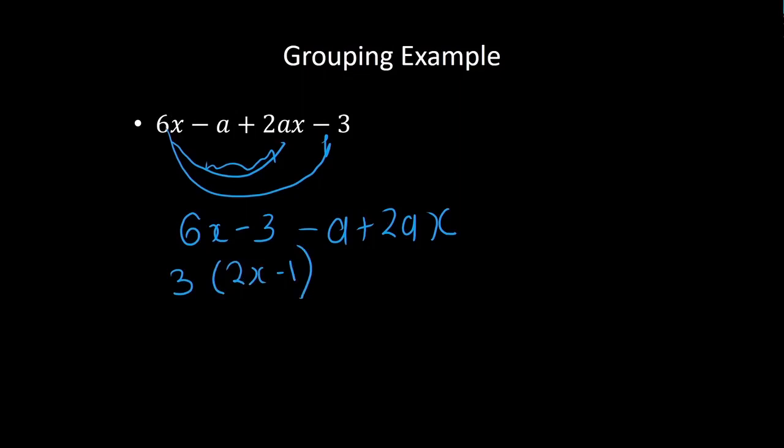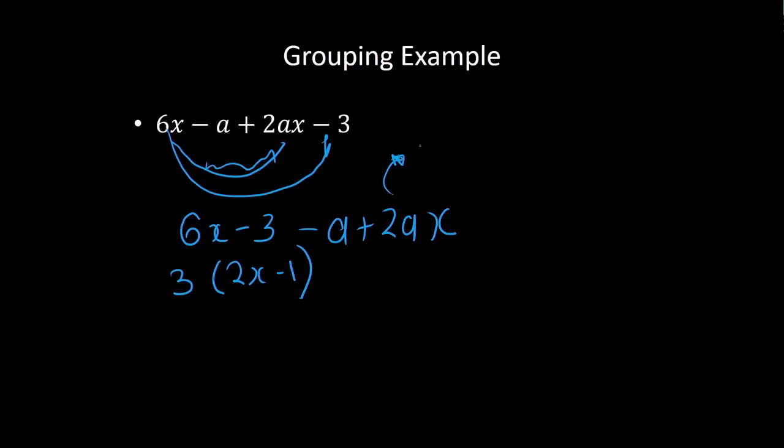And then from the second set of terms, terms 3 and 4, do we take out a positive a, or do we take out a negative a? Let's just think about this for a second. If I took out a negative a, what would happen? I'm going to show you, because this is the kind of thing that learners can do in tests and then get stuck, because my brackets don't look the same.